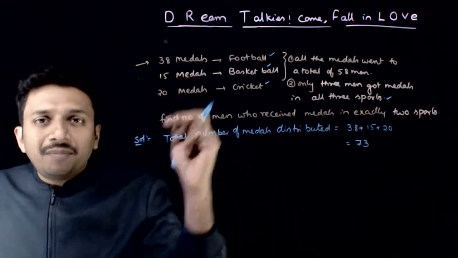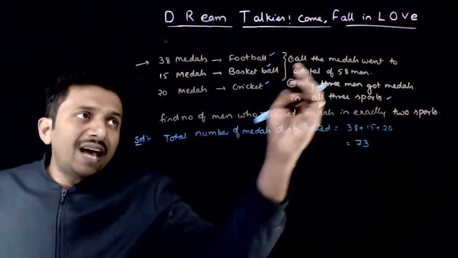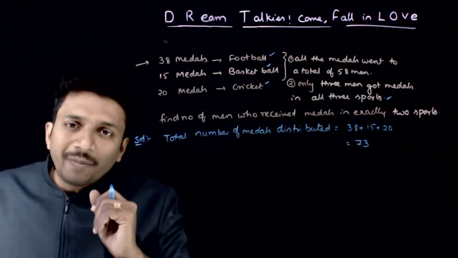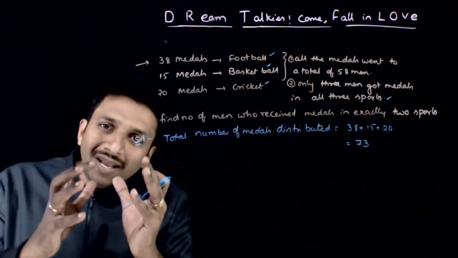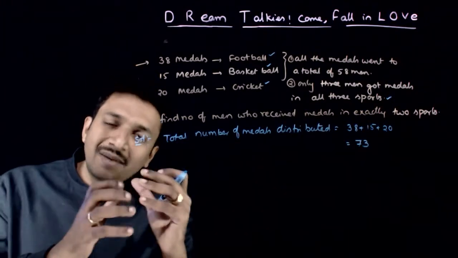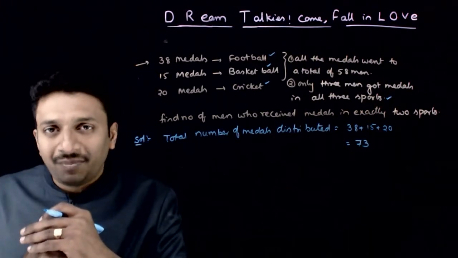A total of 73 medals have been distributed. And they have been distributed among 58 men. So out of 58 men, some men would have got a single medal, some men would have got 2 medals, and some men would have got all the 3 medals.